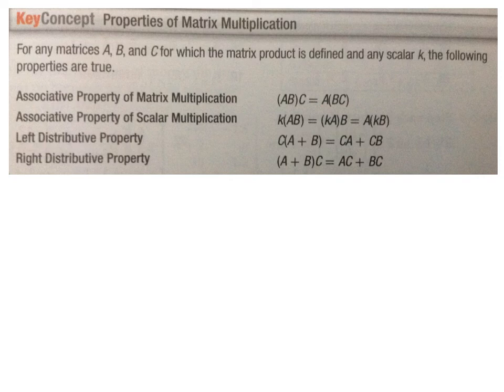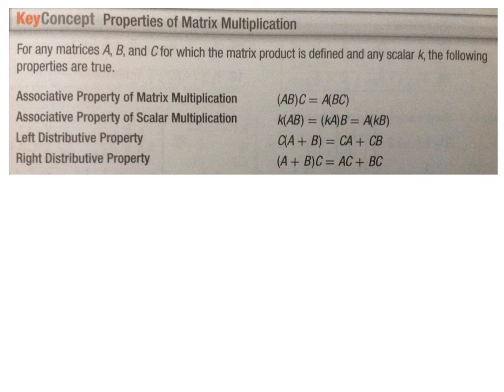All right, scalar properties. If we have some value multiplying the product A times B, it doesn't matter if you do K times A times B or A times K times B. That constant can multiply any one of the two matrices. Okay, the distributive property, just be careful.